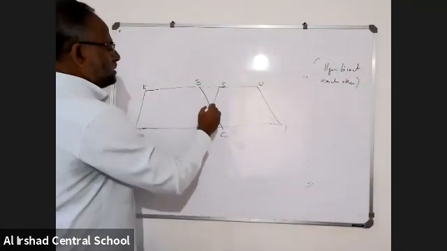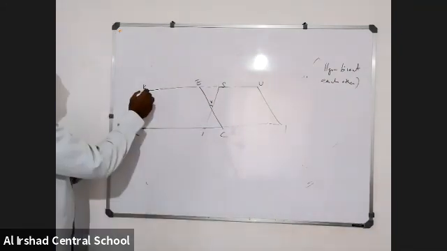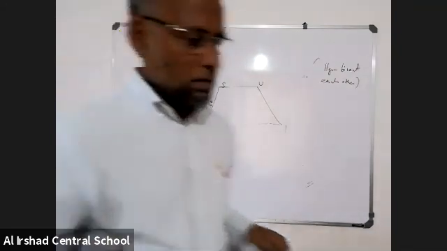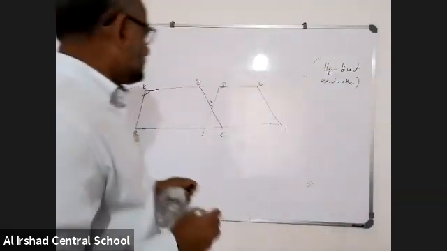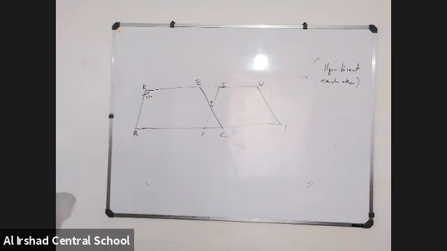Then this X you have to find out. What is given here? Anything? 120. How can we find out X? What is the method?